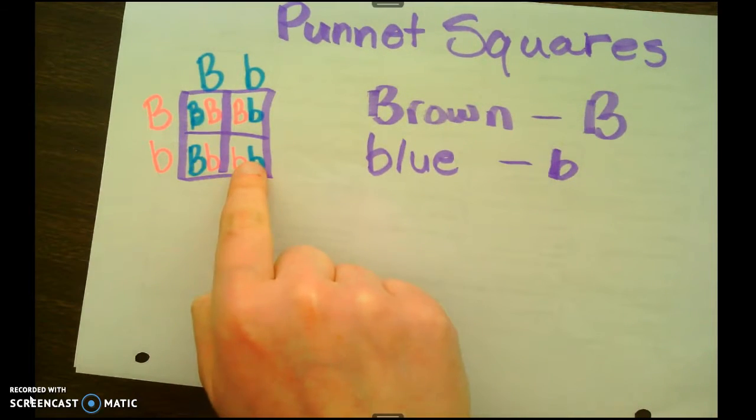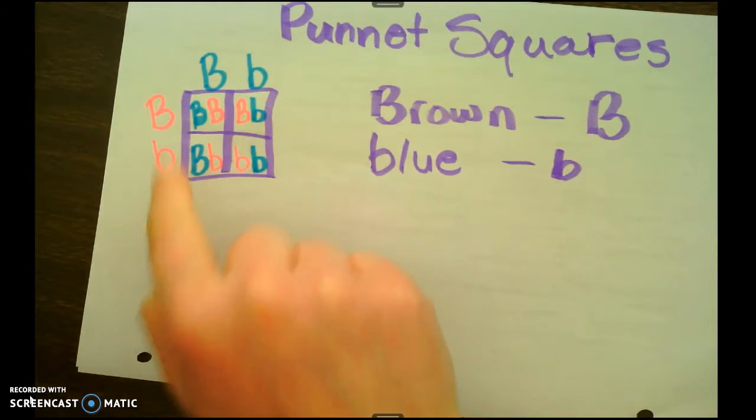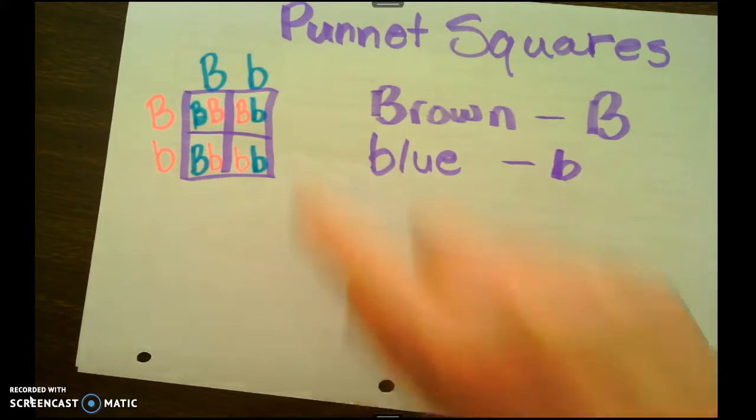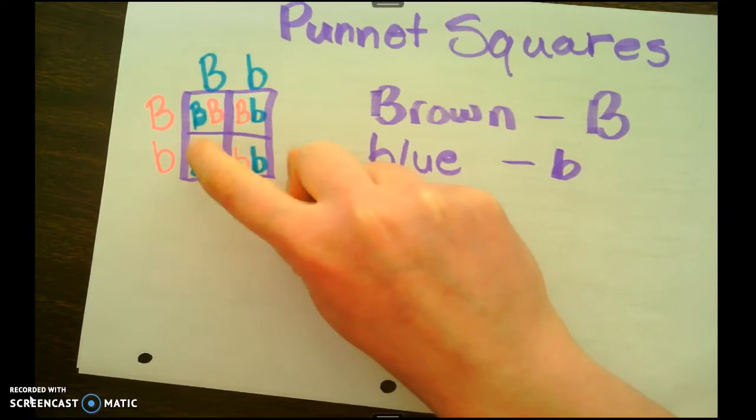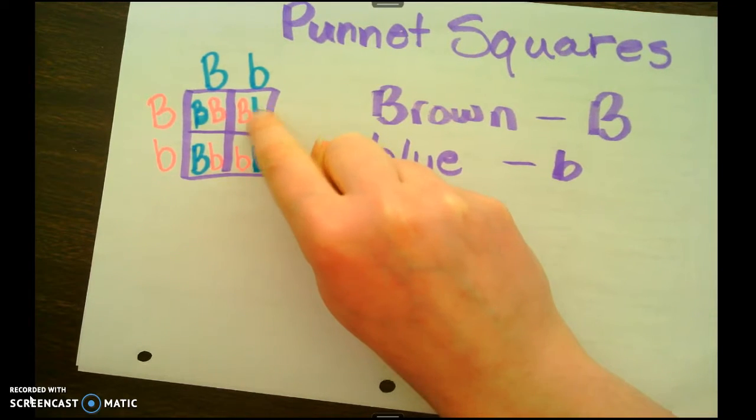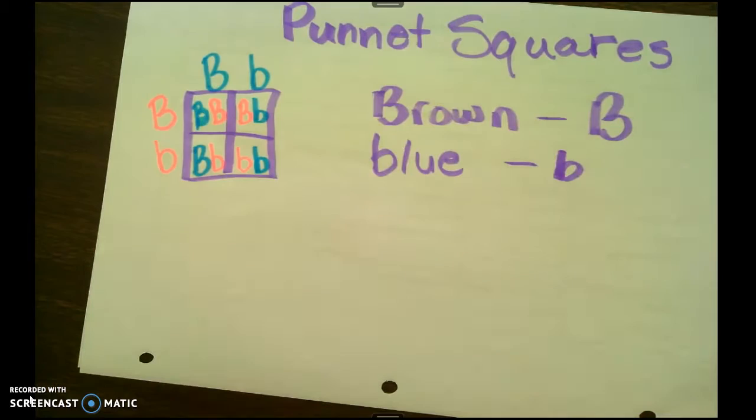One little b here, one little b here. Now the order doesn't really matter, but we've talked about in other lessons how we always like the capital letters to go first. That's why over here the pink one's first and over here the blue one's first. But when we look at this, we can see the different possibilities of offspring and the different possibilities for eye colors that my parents can give to their offspring.